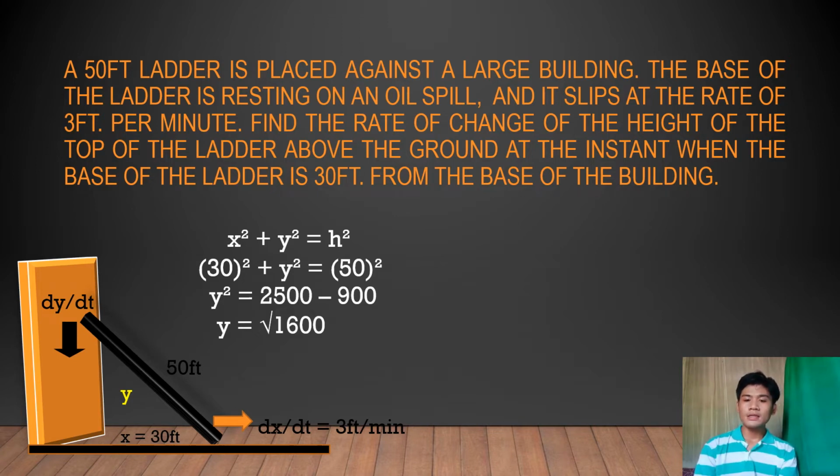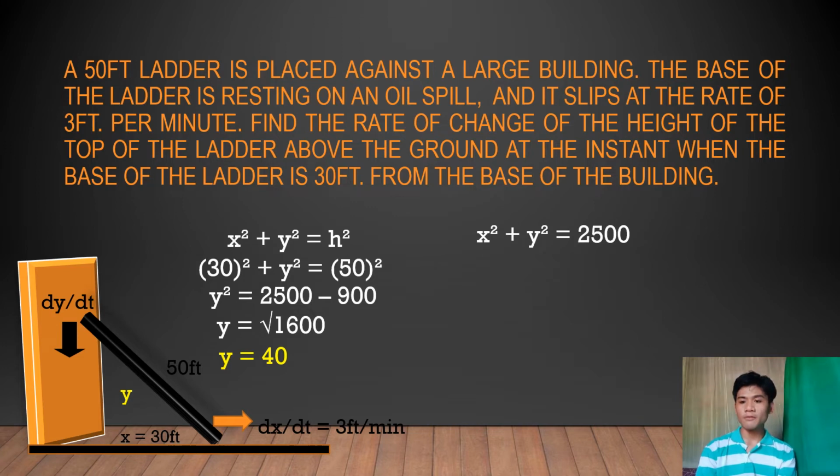To finally find the exact value of y, we have to find the square root of 1600, and it would be equal to 40. And since we have the value of y, we are asked to find the rate of change of y with respect to time.